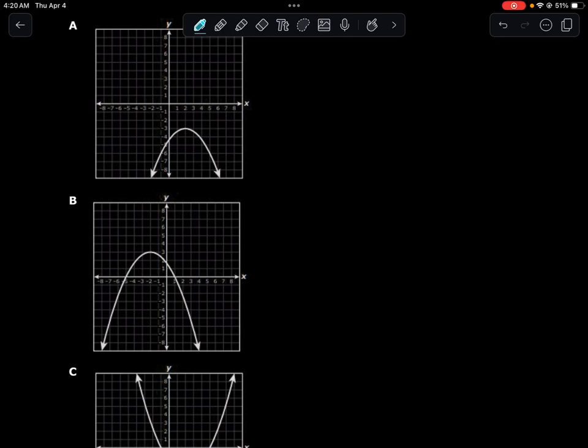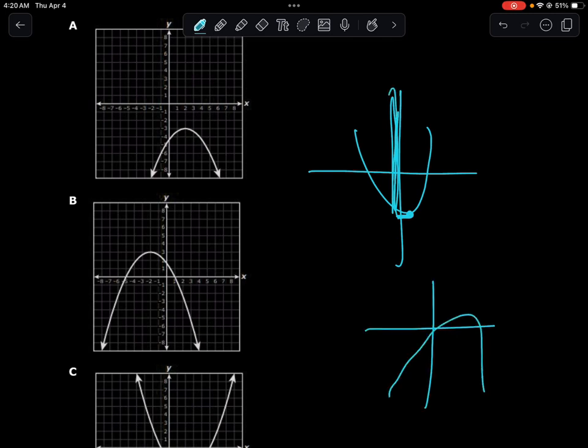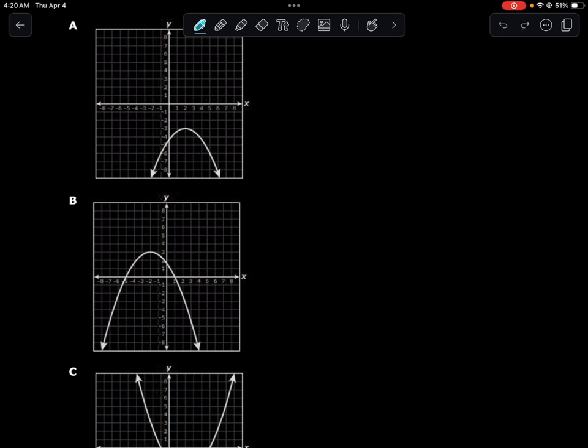Now, normally when you have a quadratic, the range starts from the vertex and can either go up or go down. So here I'm going to look at the vertex that goes to -3.